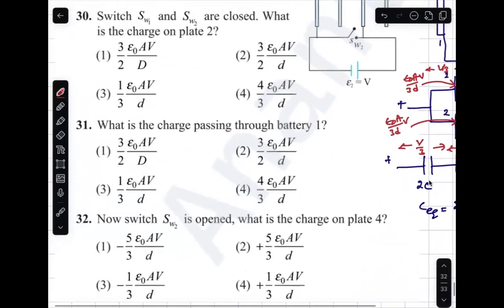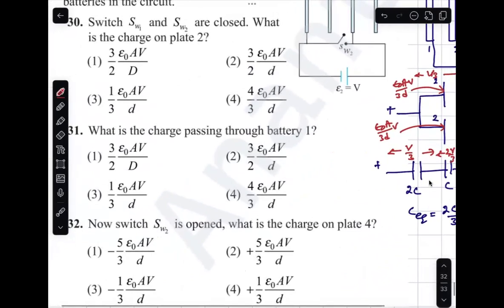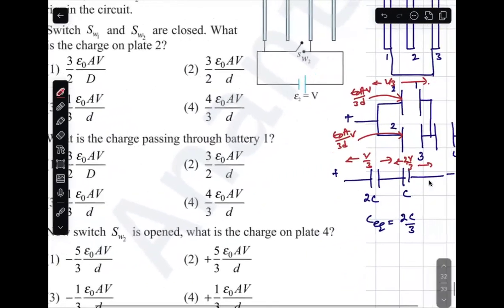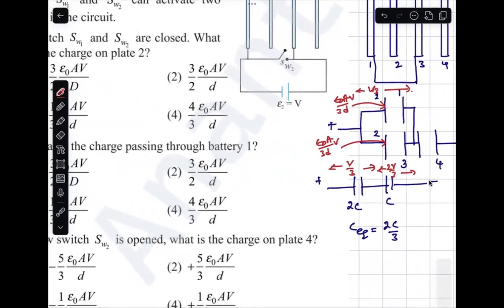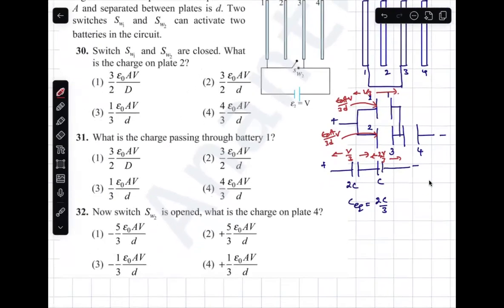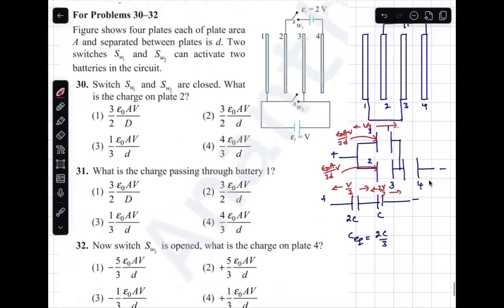Now when both are closed, what is the charge on plate 2? Plate 2 contains epsilon naught A V by 3D plus epsilon naught A V by 3D. That is totally 2 epsilon naught A V by 3D. Any doubt? The two switches can activate two batteries in the circuit.